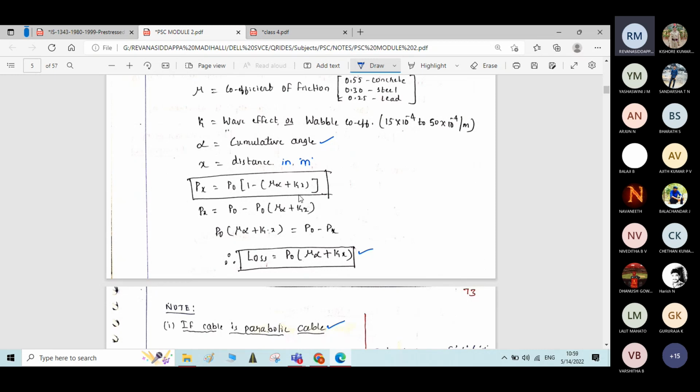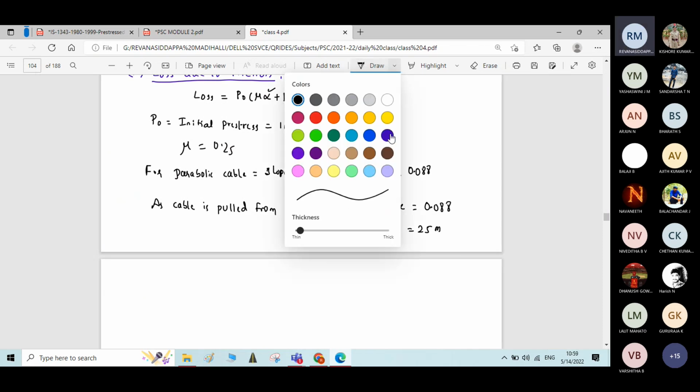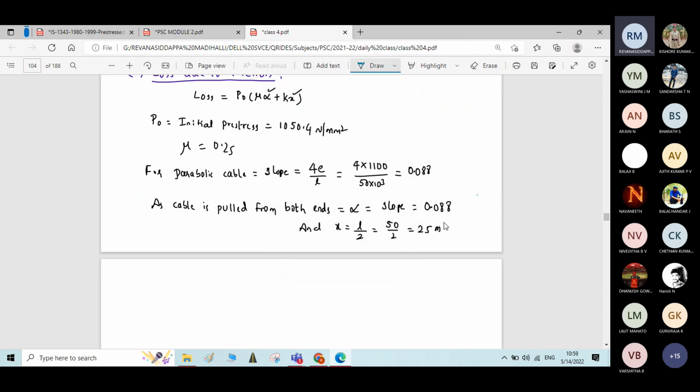In that way, this formula is derived. Remember this point: x should be substituted in terms of meter. That is why I calculated it in meter only. In the bracket you can write a small note: it should be in meter.